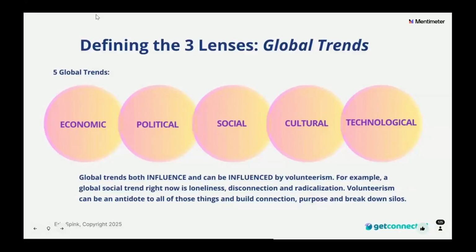We often don't see that so much of what we do is absolutely influenced by, and can influence in turn, global trends. So, for example, right now, a big social global trend is isolation. It's loneliness, it's disconnection, it's radicalization. Right? These are symptoms of isolation. And yet one of the best ways to combat that is volunteerism, right?